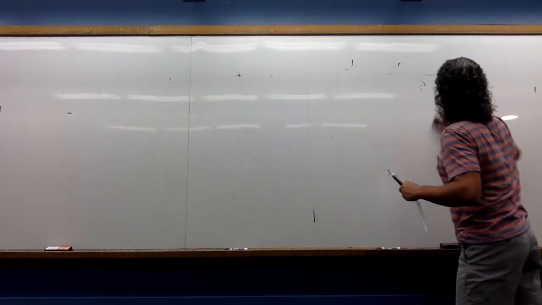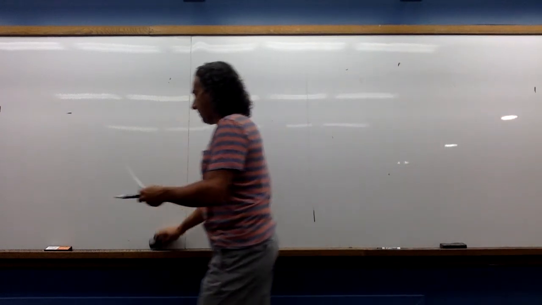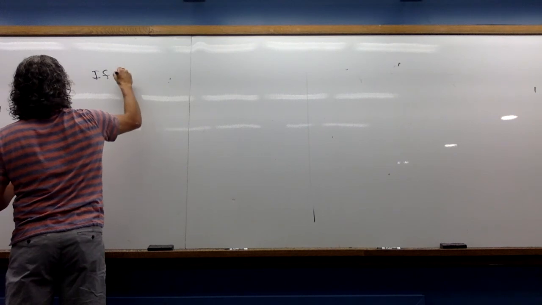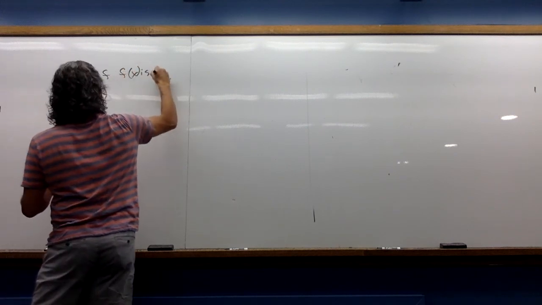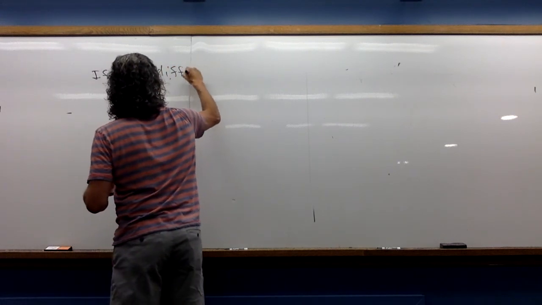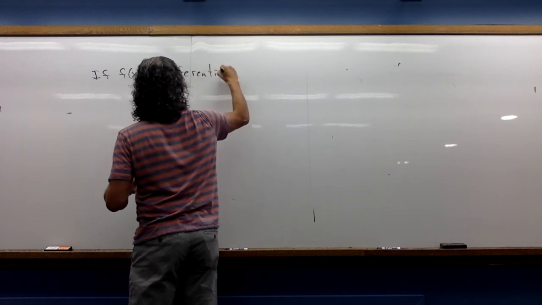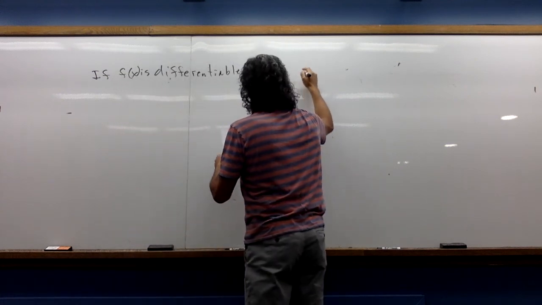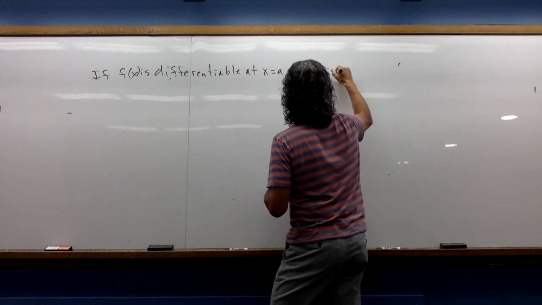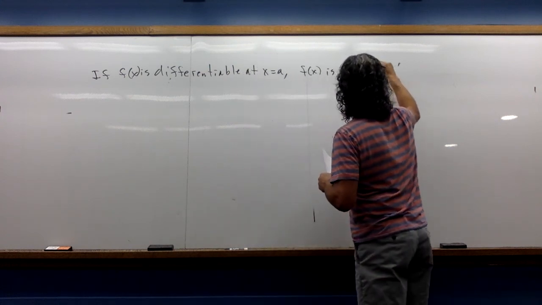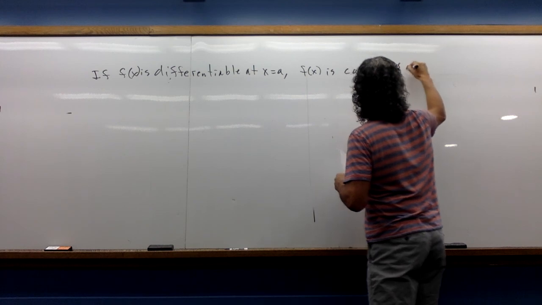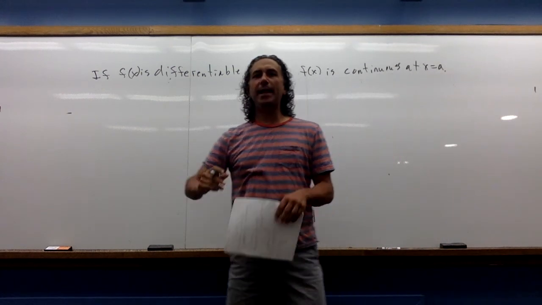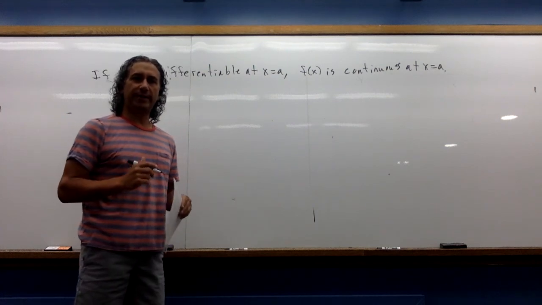So it turns out that if f of x is differentiable at x equals a, then f of x is continuous at x equals a. Differentiability implies continuity.